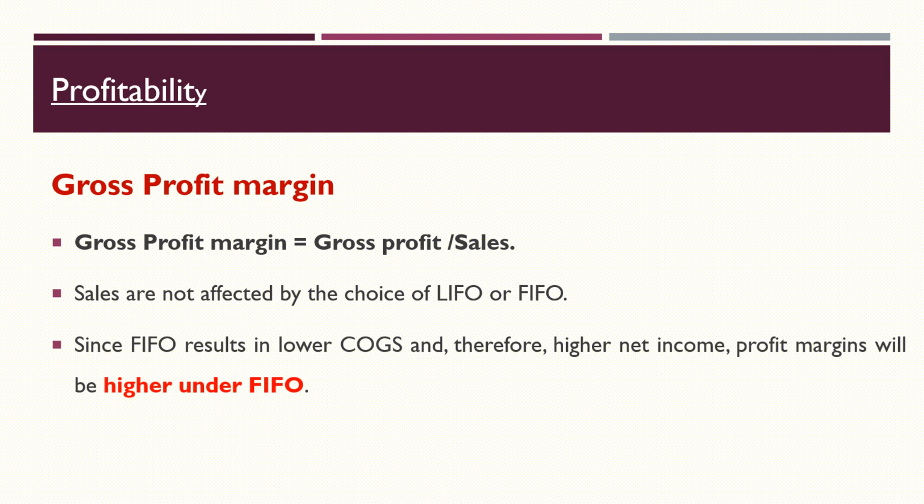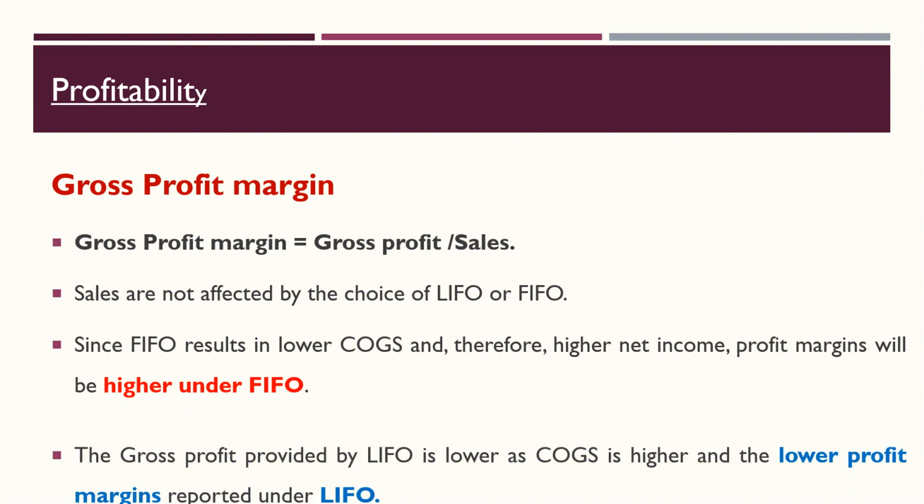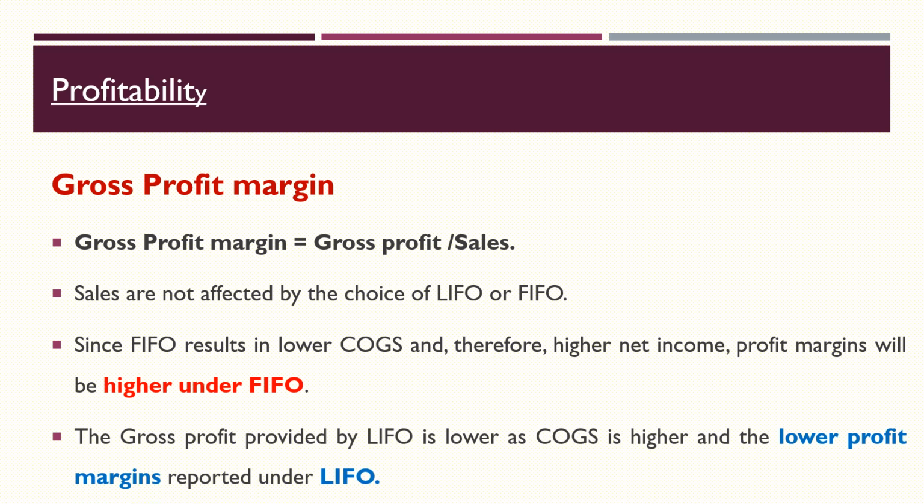However, if we are using FIFO, it will result in lower cost of goods sold and therefore higher net income, and the profit margin will be higher under FIFO. The gross profit provided by LIFO is lower as the cost of goods sold is higher, and the lower profit margin is reported under LIFO.